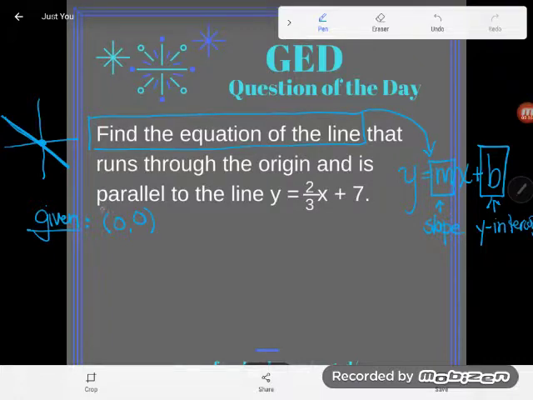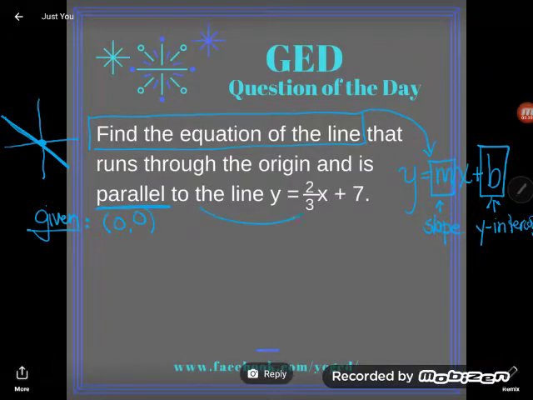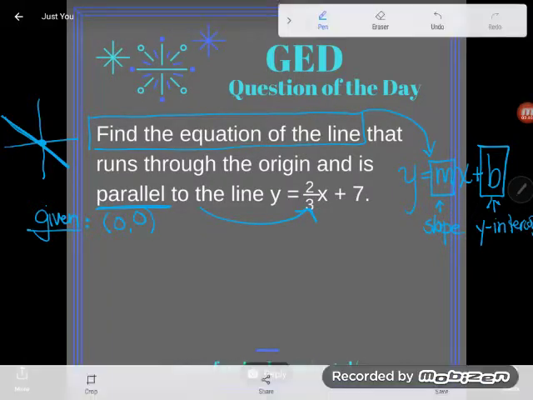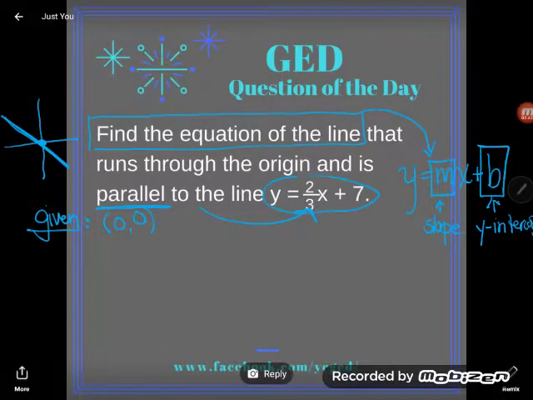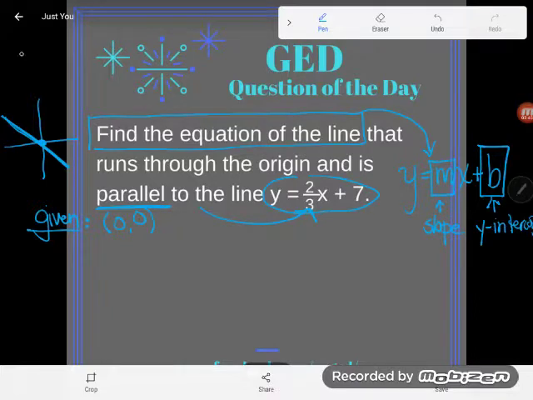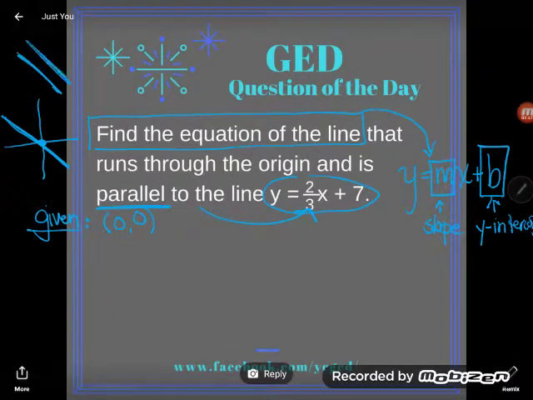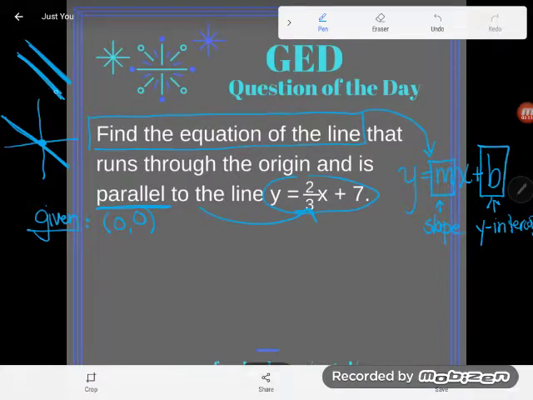We also know one more thing: our line is parallel to this line. Careful, that doesn't mean that this is our line. This is not our line, but our line is parallel to that one. The main way we talk about parallel in math class is saying that these two lines never run into each other.